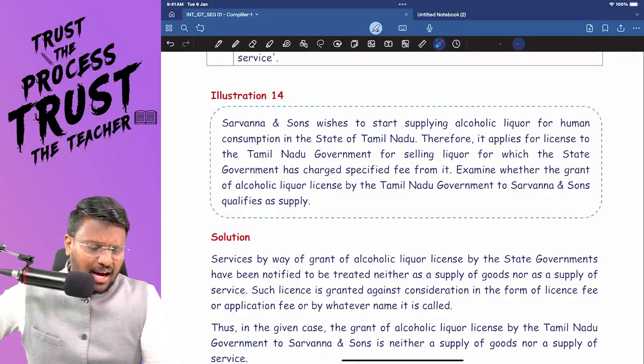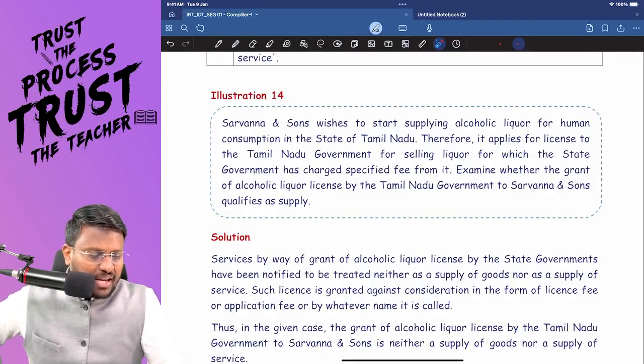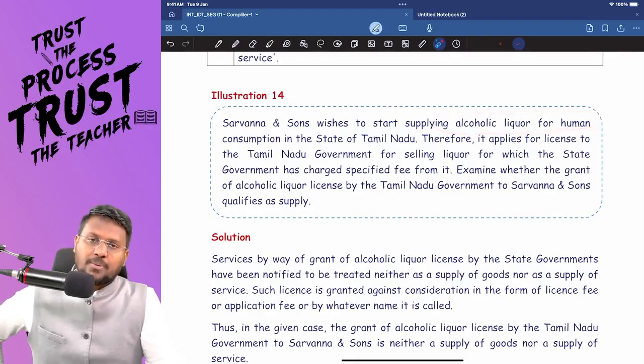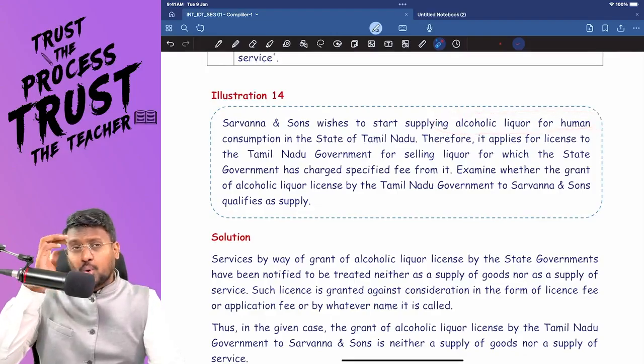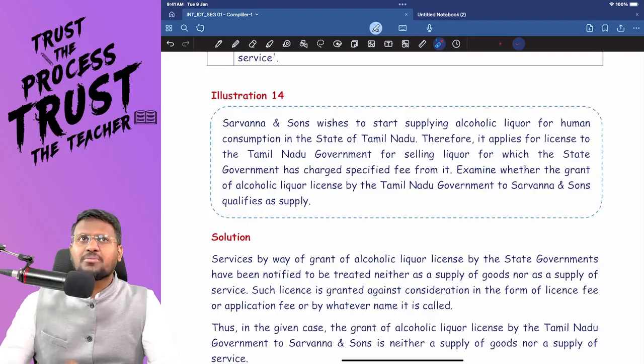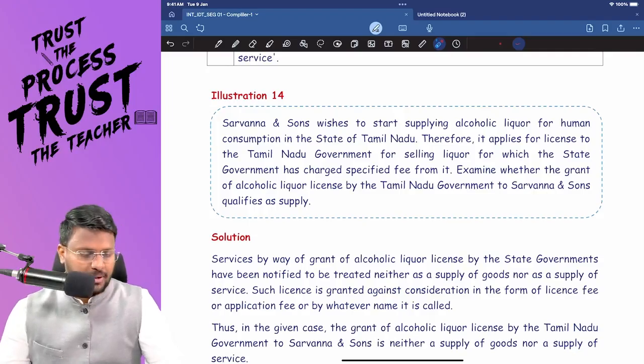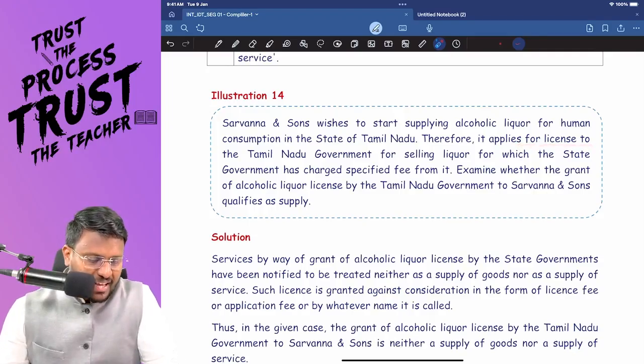Saravana and Sons wishes to start supplying alcoholic liquor for human consumption. In the state of Tamil Nadu, you tell me, is alcoholic liquor for human consumption a taxable supply or a non-taxable supply? Therefore, it applies for a license to the Tamil Nadu government for selling liquor, for which the state government has charged a specific fee.